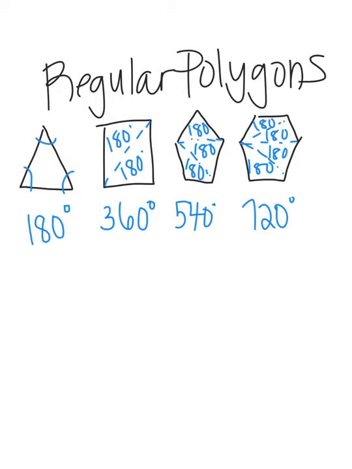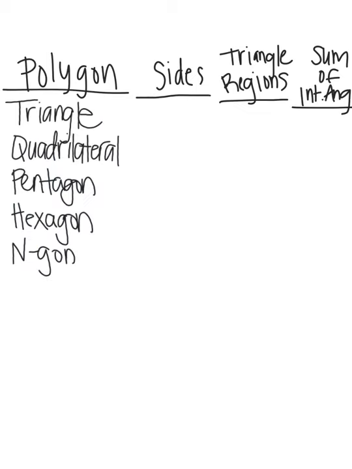So let's see if we can come up with a pattern and figure out a rule to find the sum of the interior angles of a polygon. So let's take a look at this table based off of our findings from the previous page. So a triangle has 3 sides and makes up one triangular region.